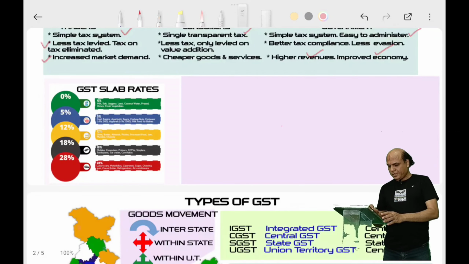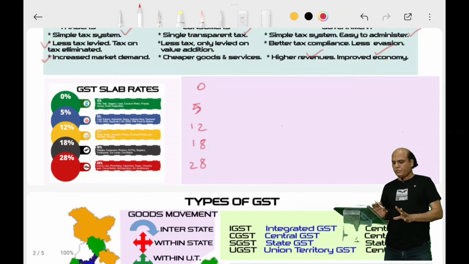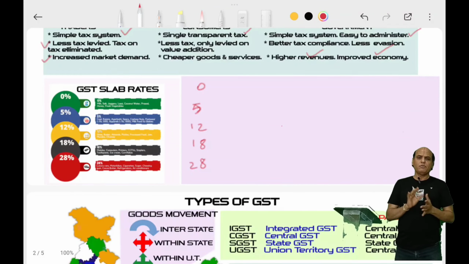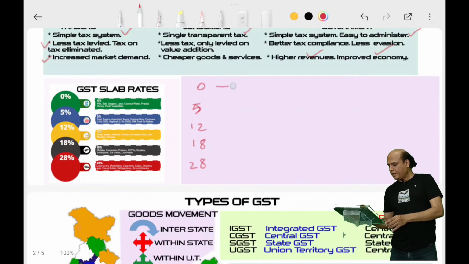So first is 0%, next is 5%, then 12%, then 18%, then 28%. Now, certain goods that are bare necessities, the government has decided that they will not collect any tax on them.